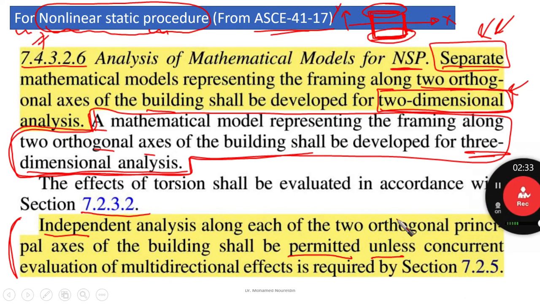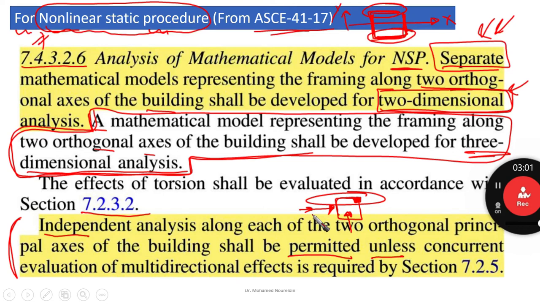What is the meaning of this? Sometimes we have, for example, a corner column, and in this corner column we need to get the stresses on it based on two directions. So there is a concurrent evaluation of stresses coming from two directions. So we cannot use one-dimensional or independent analysis here.